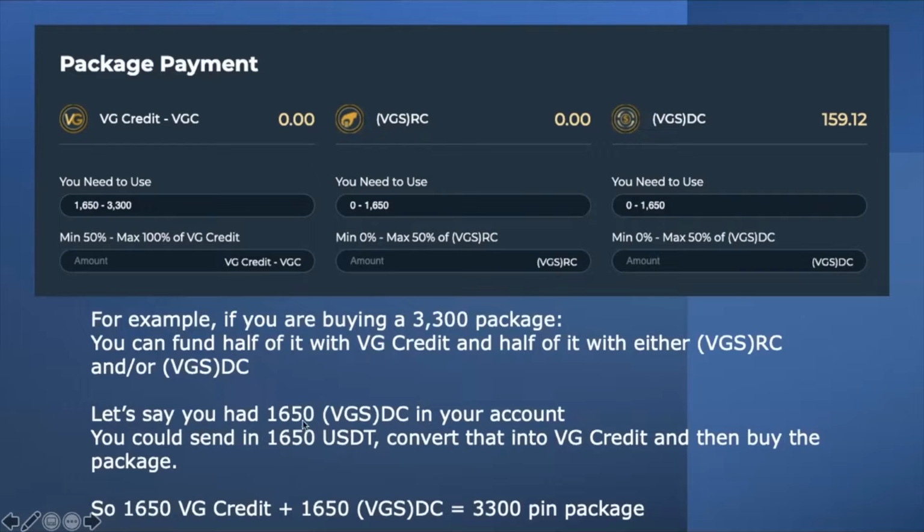So if you had 1,650 VGS DC in your account, you would only have to send in 1,650 USDT, convert those into VG credits, and together that makes a total of 3,300. So there's numerous ways that you can make up that balance. It's not just VG credits. You can use your VGS RCs and DCs to help subsidize the package.